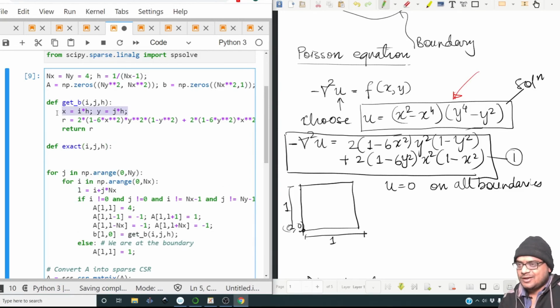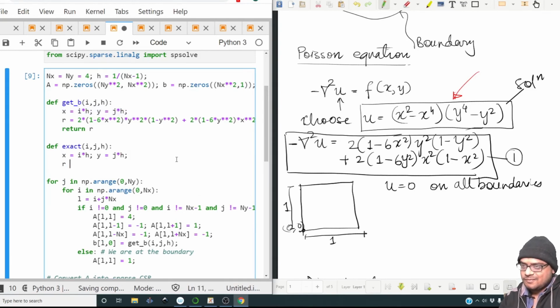So it will have this. The r will be equal to x square minus x to the power 4 times y to the power 4 minus y square.